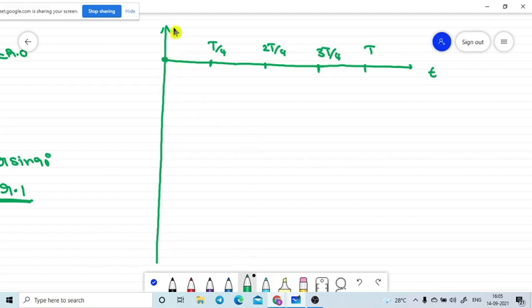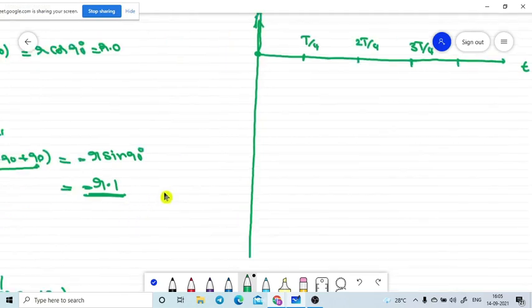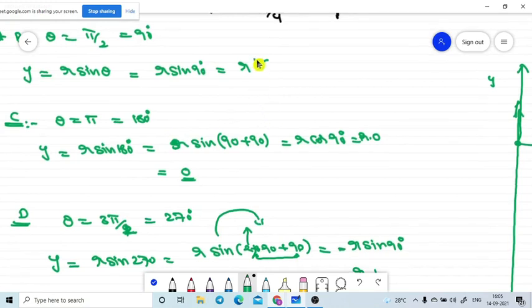Now let me take the displacement here. So this is the displacement. The maximum displacement in the positive direction, what is the value we achieved? The maximum displacement in the positive direction we achieve is plus R.